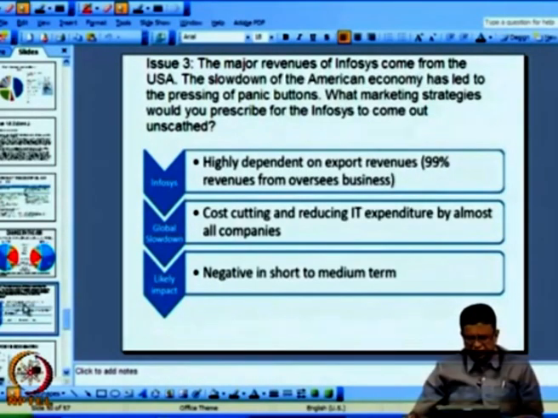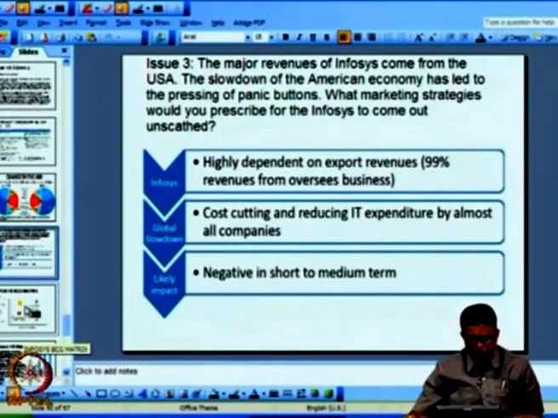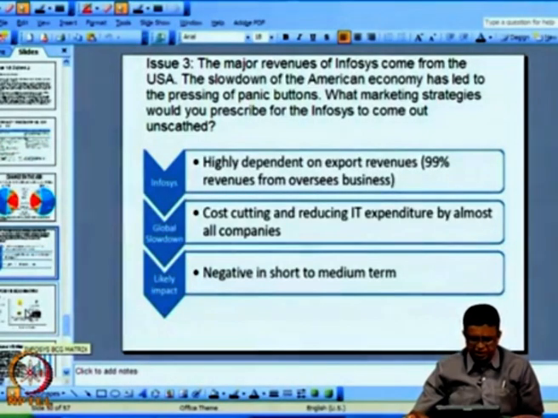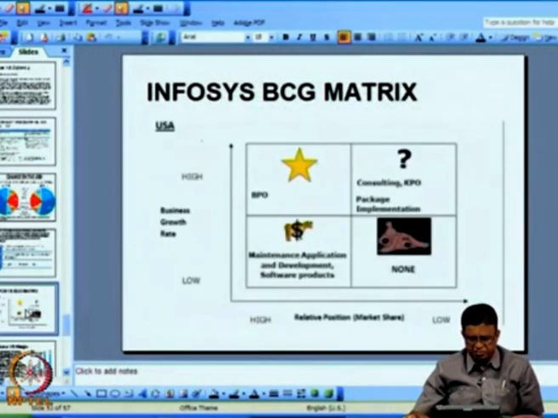Then the students address the third issue. The company is now looking at other markets, not just the US market. The likely impact, according to the group, is that there is going to be some negative impact in the short to medium term.